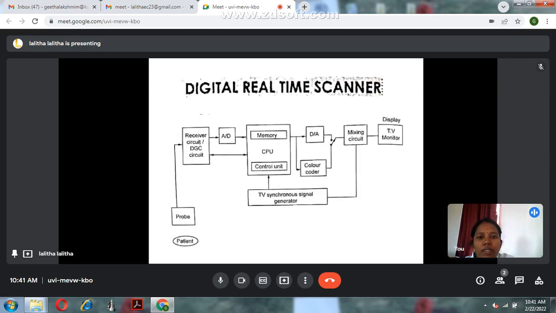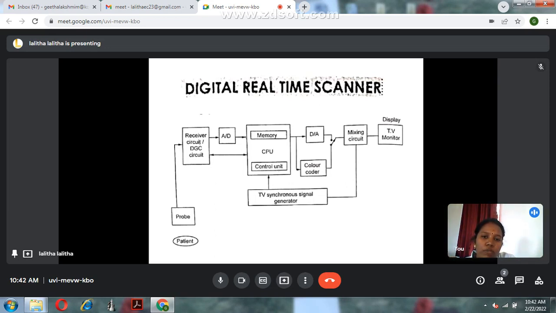Next, the digital real-time scanner. Here the patient is connected to the probe, and the receiver collects the signal from the patient and connects it to the memory, that is the CPU. The receiver circuit or DGC circuit is connected to the analog to digital converter and then to the CPU.